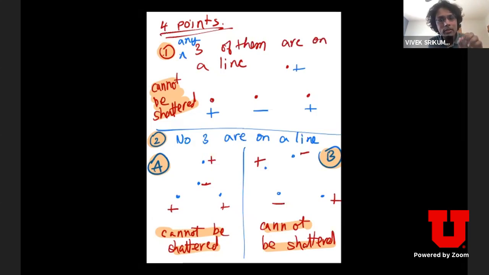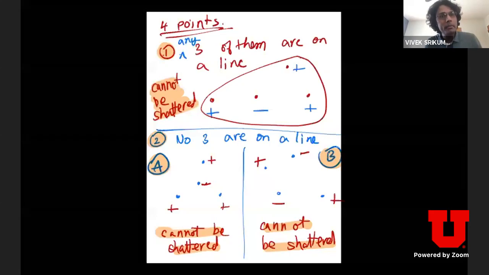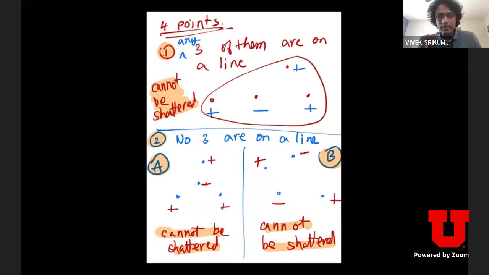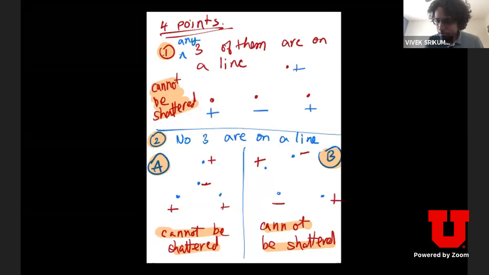If all 4 points are positive, that's not the case we care about. Remember, the definition of shattering has to try out every possible labeling. So for these 4 points to be shatterable, we need to show that every possible labeling can be matched by the classifier. And even if there is one counterexample, it fails.